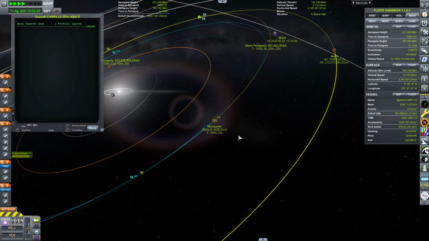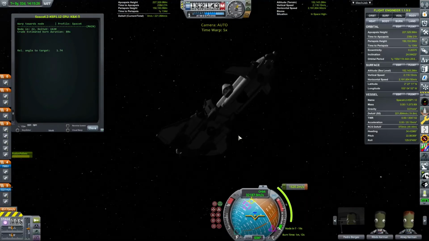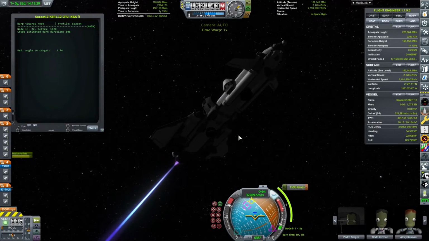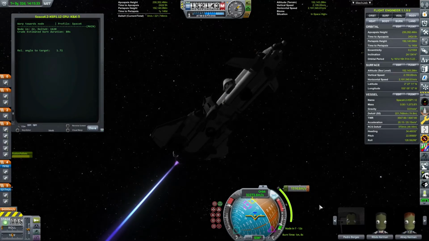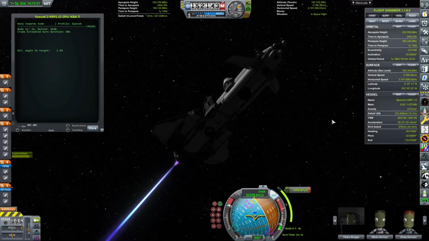Okay, and that's it. So this burn is relatively cheap now. It's, let's say, the precision burn that will do the most important work.